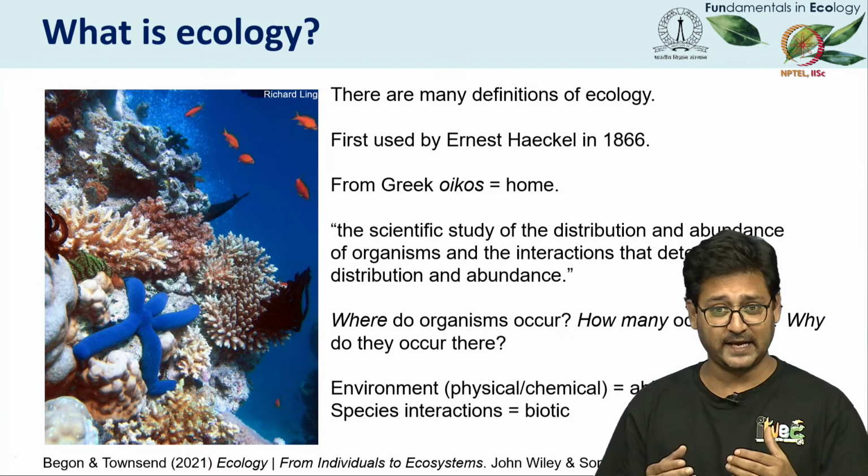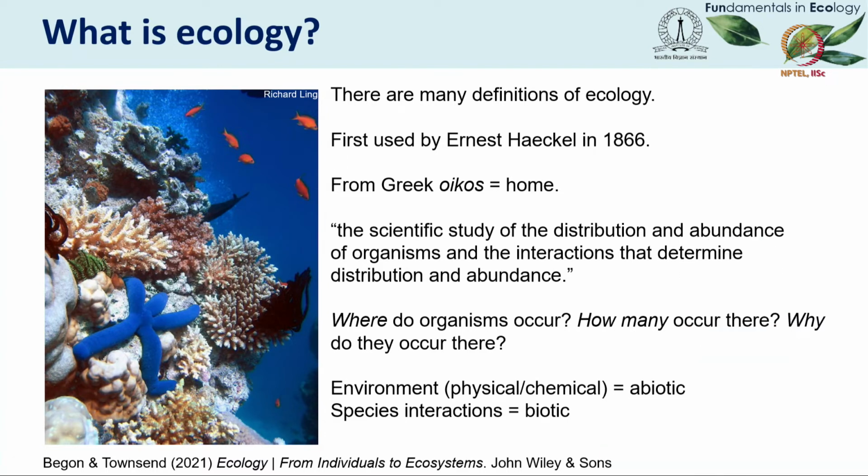The environment is characterized by physical or chemical properties which form the abiotic environment of the organism, properties like temperature, humidity, availability of nutrients, and so on. And we will get into this in fair detail as we go along in this course.